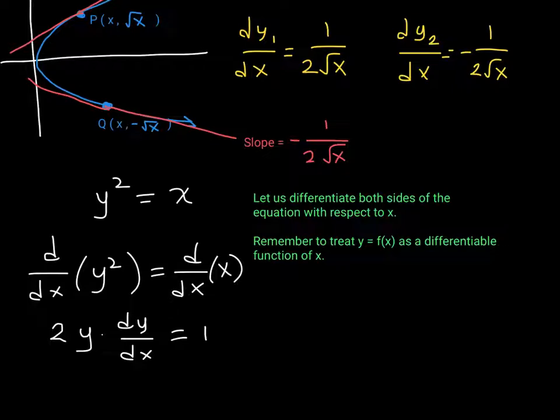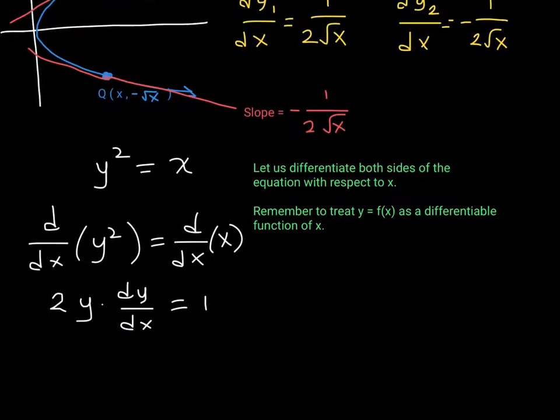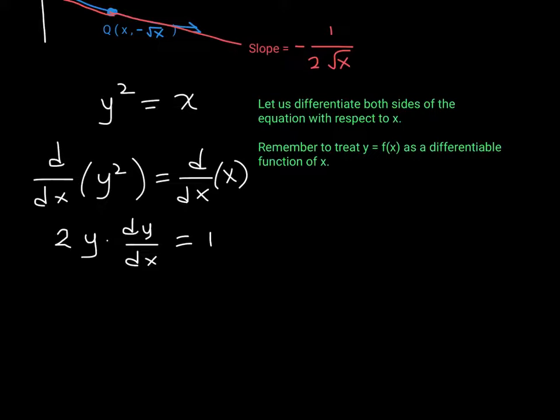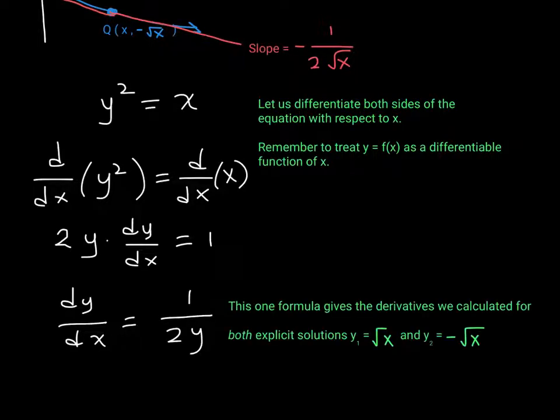The idea here is now to isolate dy/dx. Solve for dy/dx. That's what we want anyway, right? We want to find the derivative of this function. So isolate dy/dx, which means divide both sides by 2y. So then what we get is dy/dx, the derivative of y with respect to x, is 1 over 2y.